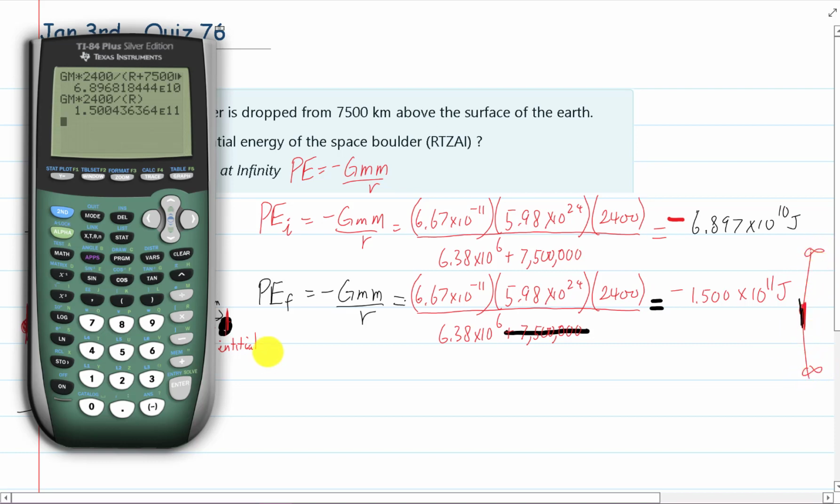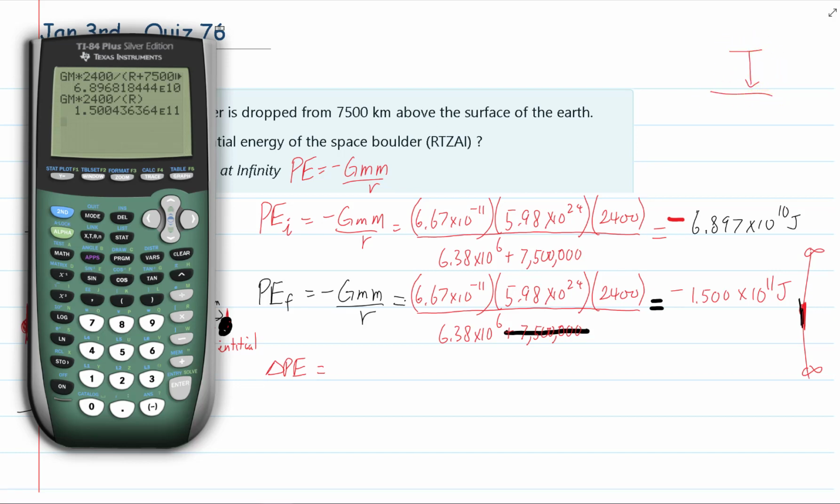This is my infinity mark. We have to calculate the change in potential energy. And if we look on the Moodle, on the question itself, it even reminds you the answer is negative because we're going closer to the Earth. As we lower down towards the Earth, it's going to lose potential energy. So the change better be negative as it goes down, just how potential energy is defined here. So we take the final, subtract the initial. They're supposed to be both negatives.